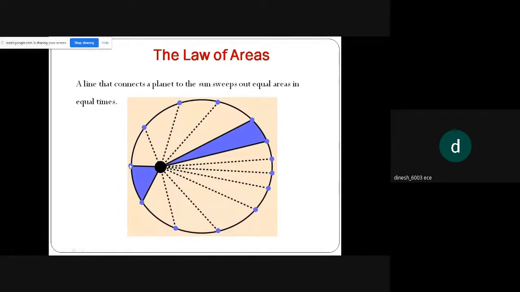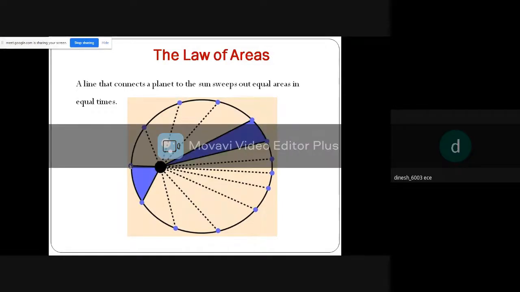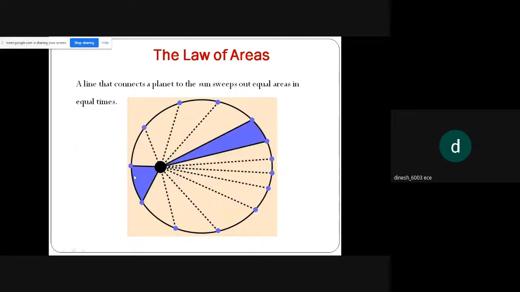For example, period P1 to P2, P3 to P4, P4 to P5. The time duration can depend upon the measurement. If I put lines, a line that connects the planet to the sun sweeps out equal areas in equal times.